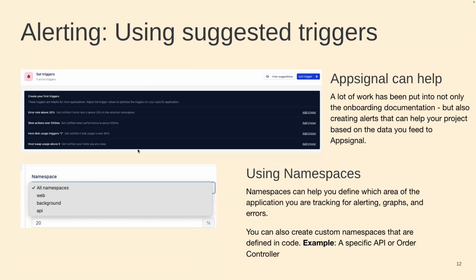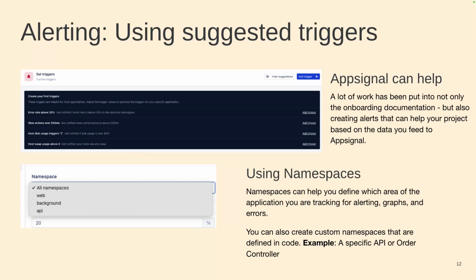Another thing that I wanted to mention here is namespaces. When I talked to AppSignal about this maybe a year ago, they mentioned that one of the ways you can narrow down the alerts you're getting or narrow down the data you want to see is by creating namespaces. They automatically create two namespaces in most cases, one for the website and one for the background side, depending on how your application is set up. But you can also be very specific about namespaces and create them based on different actions in the application.